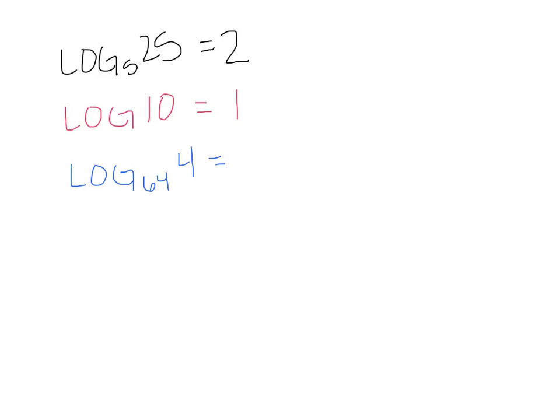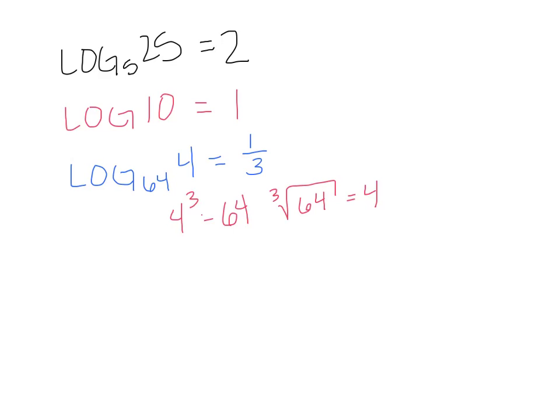So 4 cubed is 64. That means that 4 is the cube root of 64. And remember, cube root means the power of 1/3. So the log base 64 of 4 equals 1/3. The power that makes 64 into 4 is 1/3.